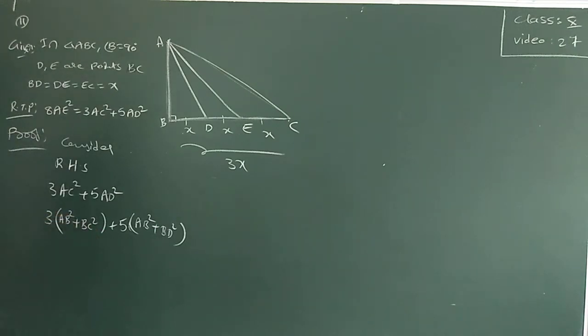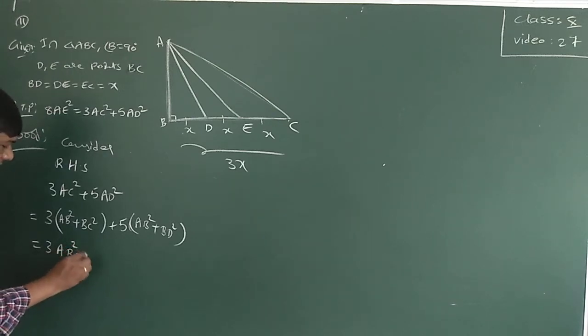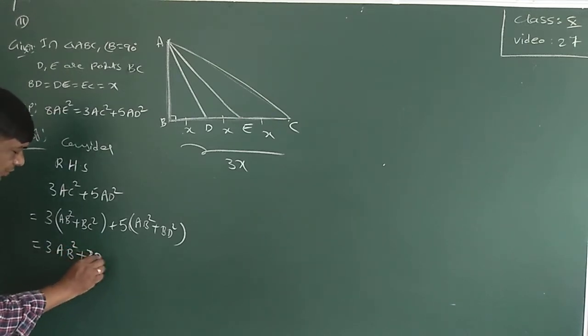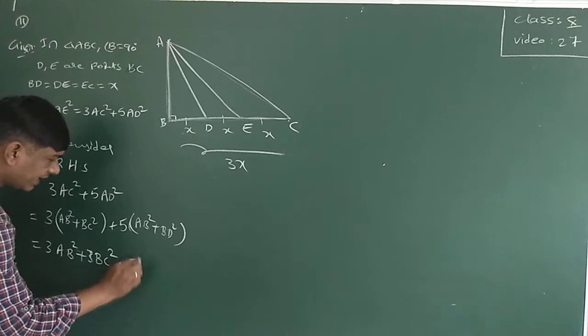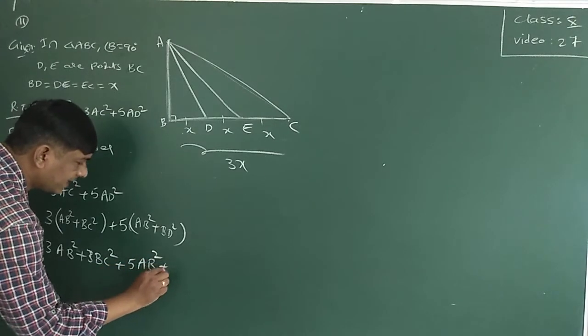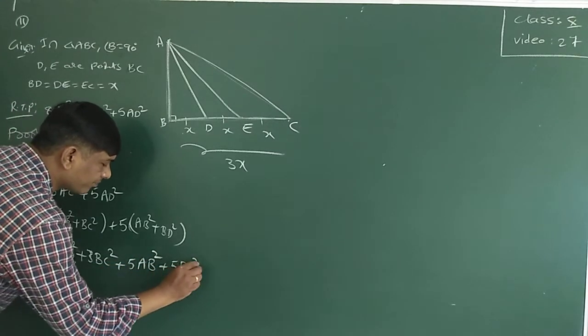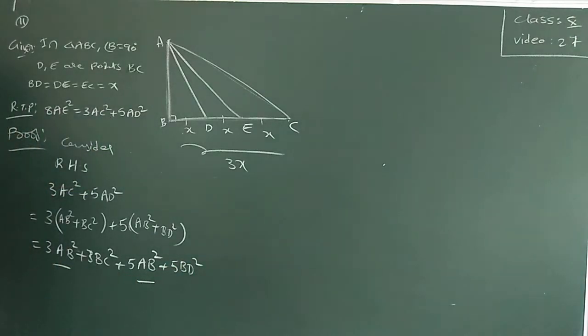Now simplify it: 3AB square plus 3BC square plus 5AB square plus 5BD square. Now 5AB square and 3AB square make 8AB square, plus 3BC square plus 5BD square.